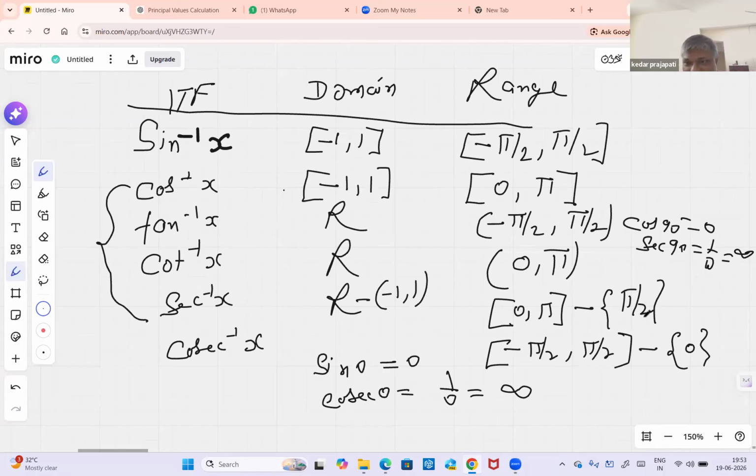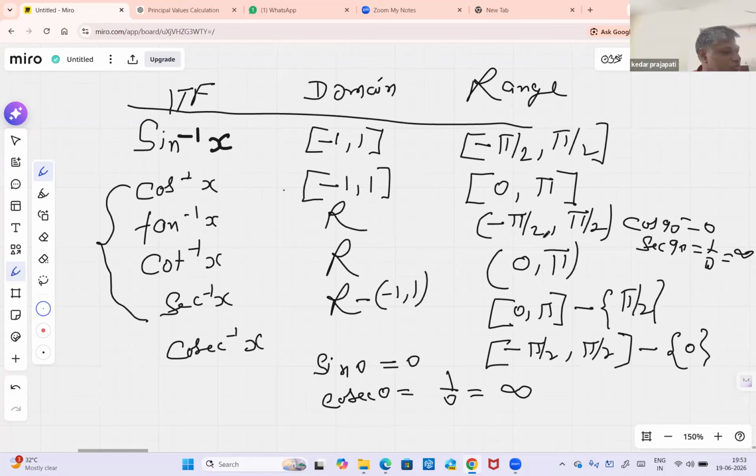That one you can write as 0 to pi minus pi by 2. Any doubt here? No, sir. Okay. These things will help us in doing the exercises now. That's why I thought I would do it again, so that it will be easier for us to take a glance and have it.